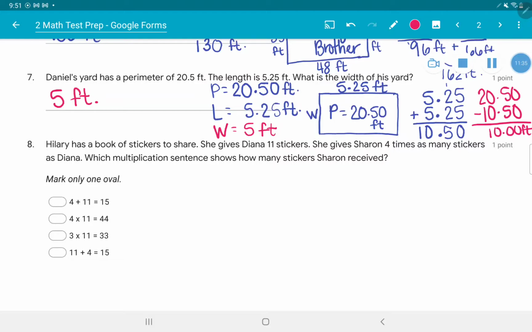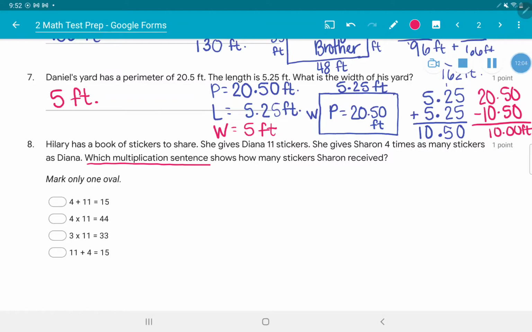You only have 2 options that are multiplication sentences, and the question literally says, which multiplication sentence? So I know that the first and last choice can't possibly be it. Why could those 2 not be correct? Because they're addition. So how do you know that it's not 3 times 11? Because it says 4 times.